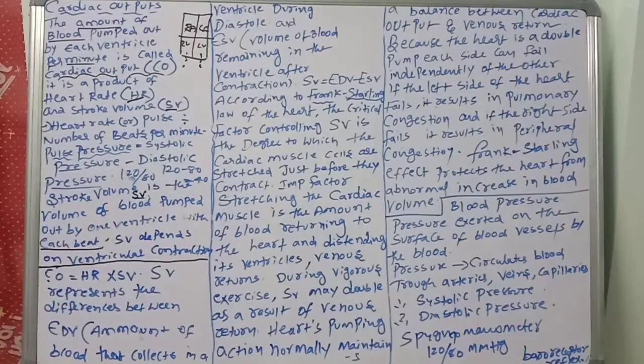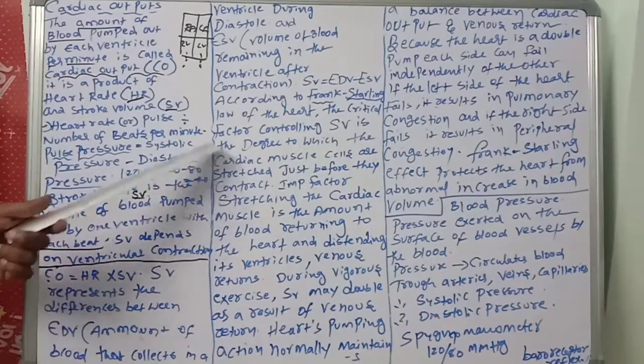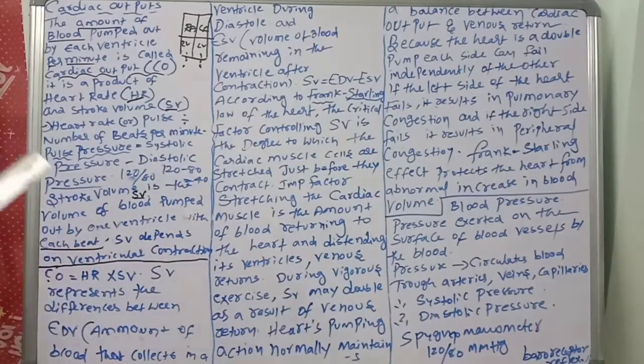And what is orthostatic hypotension? This will be discussed in the next class. But here the important points: what is heart rate, what is stroke volume, what are the factors controlling stroke volume.